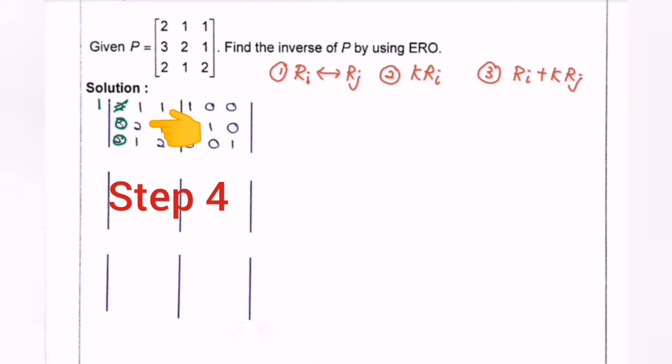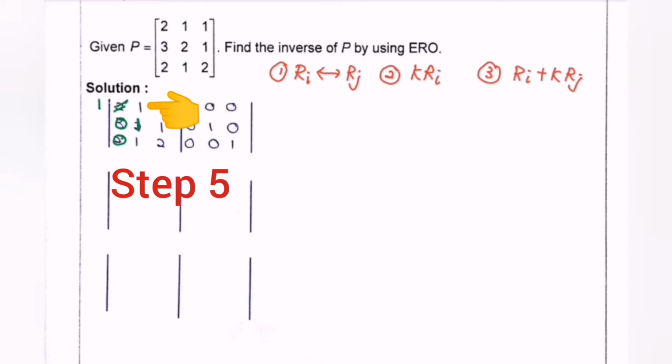Step number 4 would be E22 becomes 1. Then followed by E12, 0. Next, we have E32 becomes 0. Step number 7, we make sure E33 becomes 1. Next, E13 becomes 0. Finally, E23 becomes 0 as well. So that is the process we have to do.